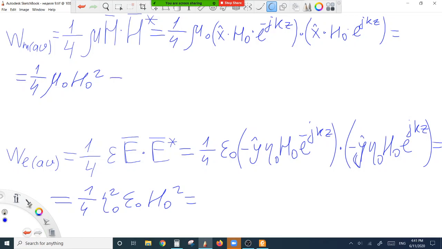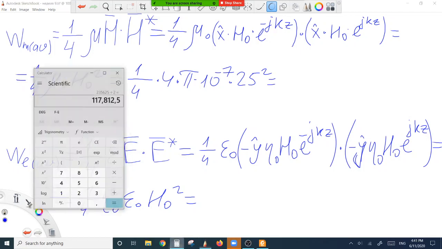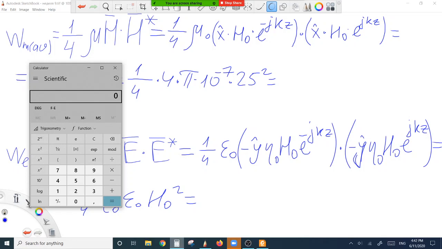Okay, and if we compute the numeric values, 1 over 4 multiplied by mu 0, which is 4 pi 10 to the minus 7, multiplied by H0, which is 25 squared. The 4 simplifies.